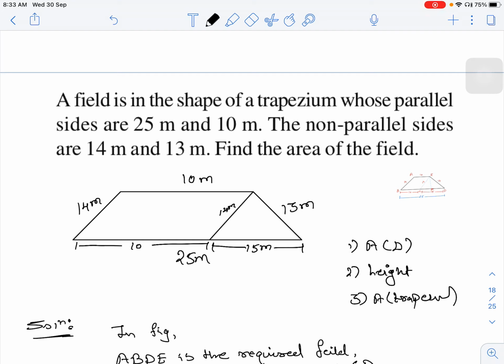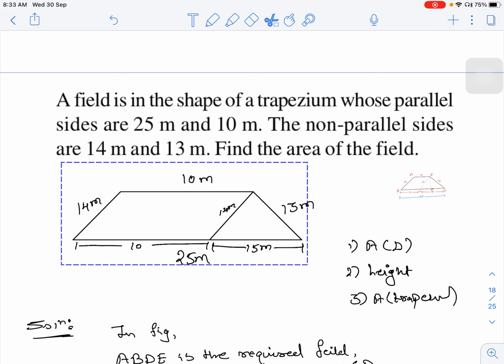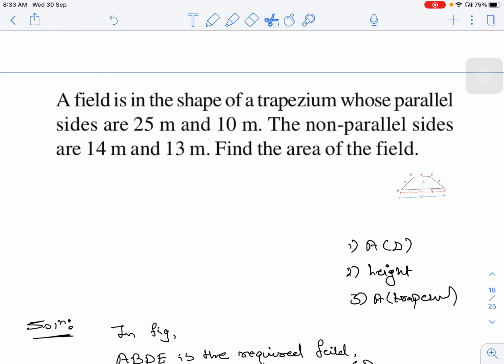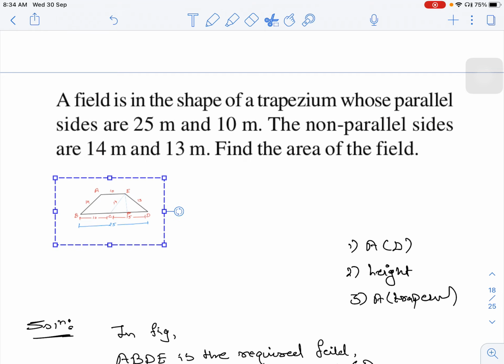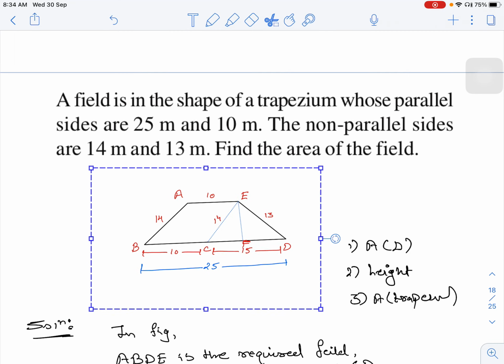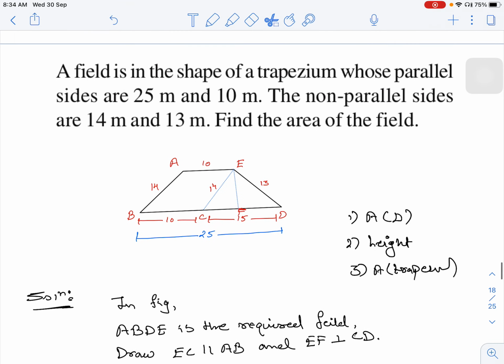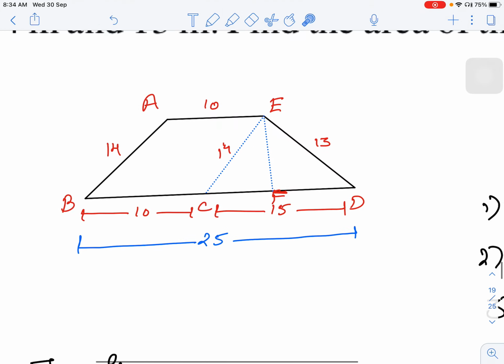Now let us remove this figure and get the original figure with this. If we make the construction somewhat like this, we will get it. In this figure, ABDE is the required trapezium, where AB is 14.